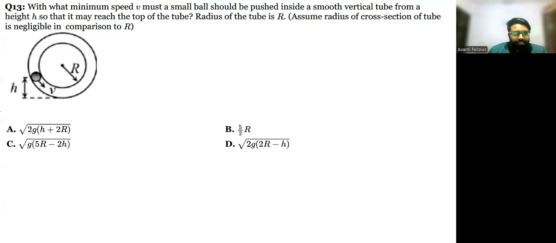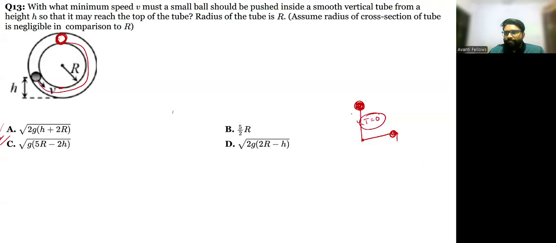So the concept here is, this ball will move like this, but this is a solid tube, so this surface is also solid. When the ball reaches the top, similarly, if this ball is tied to a string and we push it in this direction, at the vertical movement, when it reaches the maximum point, tension should be zero.